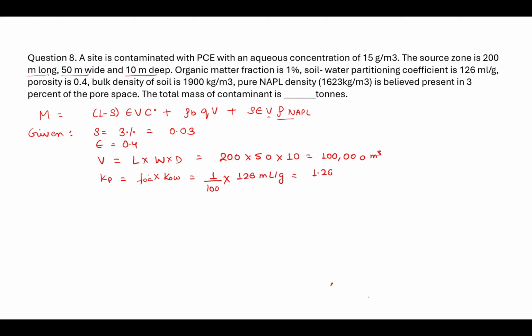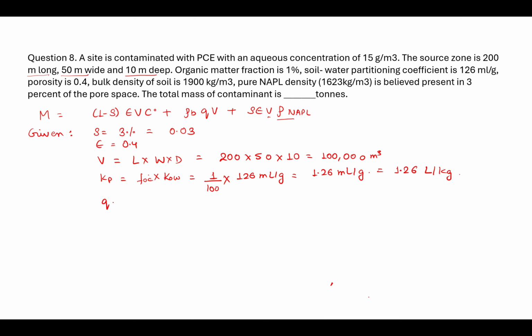So it is 1.26 milliliter per gram. Next we will convert it into liters per kg. To convert milliliters to liter we will divide by 1000, and to convert gram to kg we will again divide by 1000. So everything will cancel out and it will be 1.26 liter per kg.